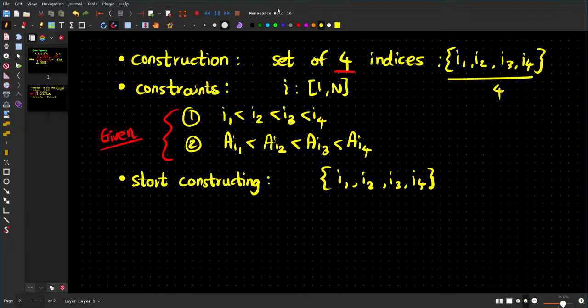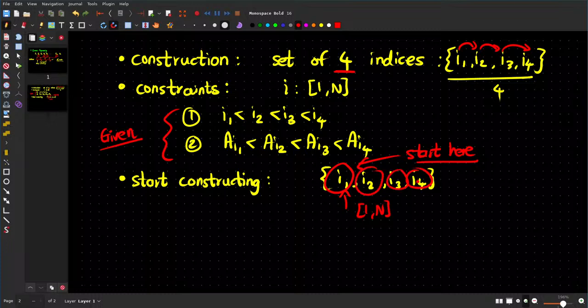So first of all, if we are going to construct these values from left to right and they need to be increasing, it is always better to start here. And all the values that this index can take is 1 to n. Then you construct this, this and this.